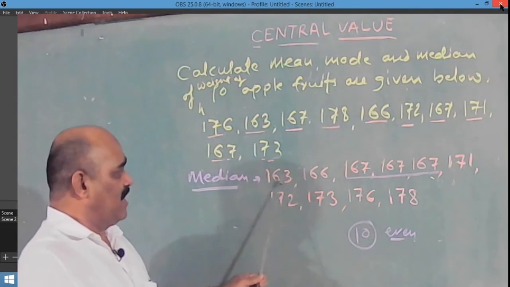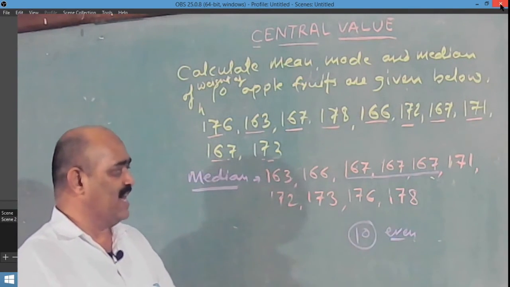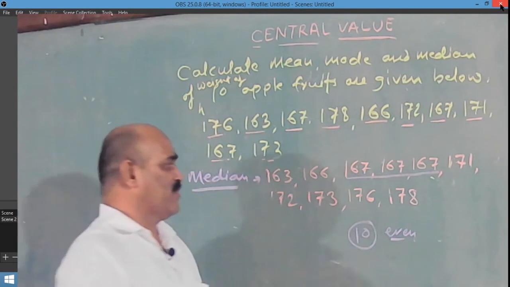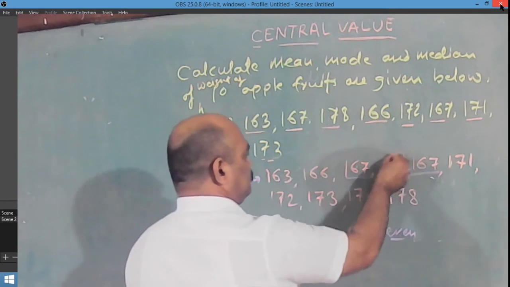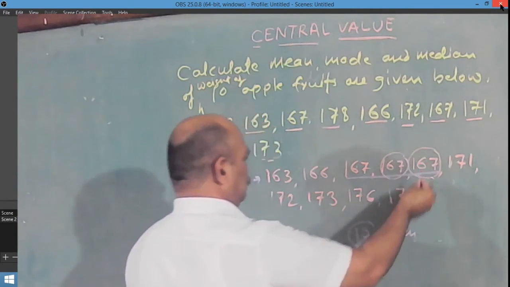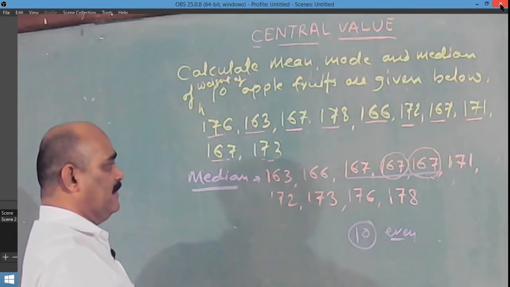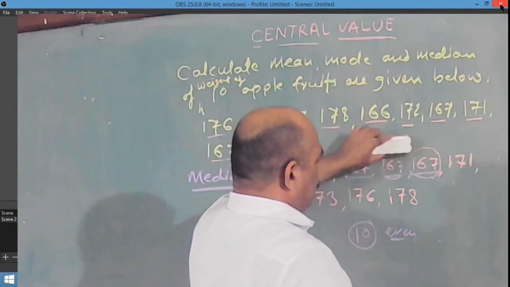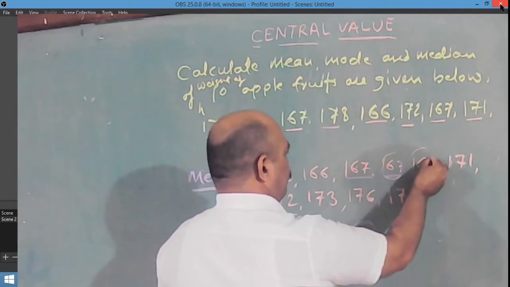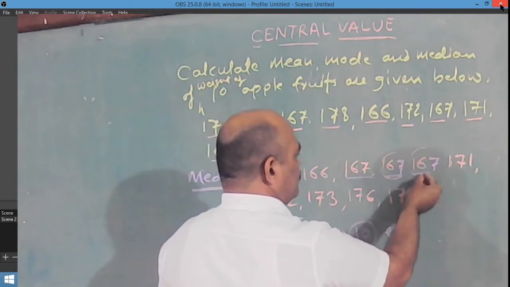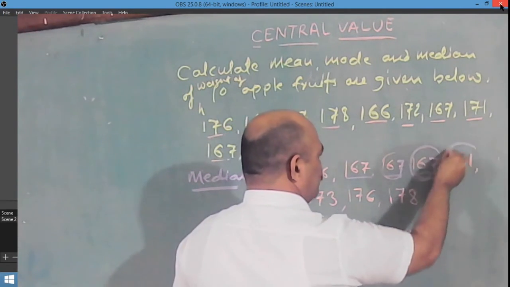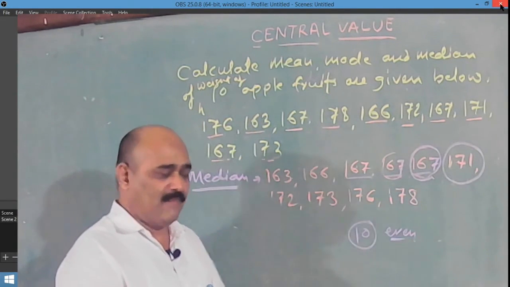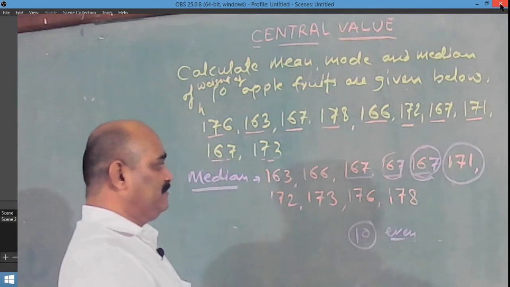That means our observations are 10 in number, so the 5th observation and the 6th observation. Both observations are middle in our data.